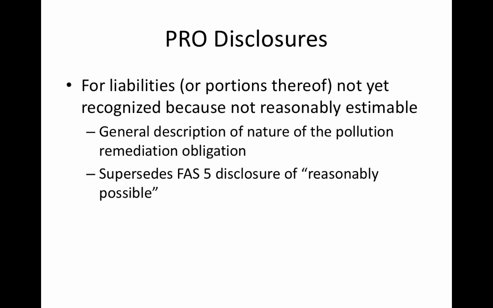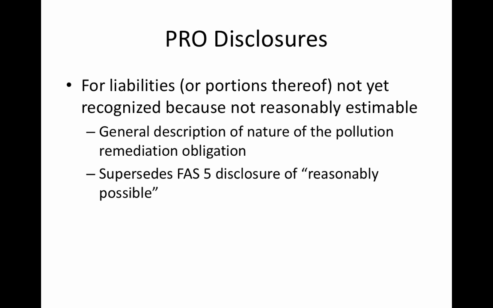In some instances, because this is a component approach and they're only including the components where they can reasonably estimate the amounts, if there are other liabilities that they can't recognize yet because they can't reasonably estimate the amounts, then similar to what they have to do for contingencies, they will disclose the nature of the pollution remediation obligation, but they're not going to disclose an amount.